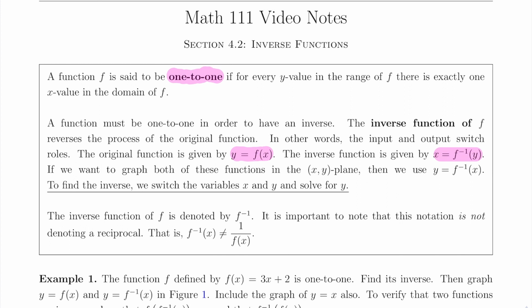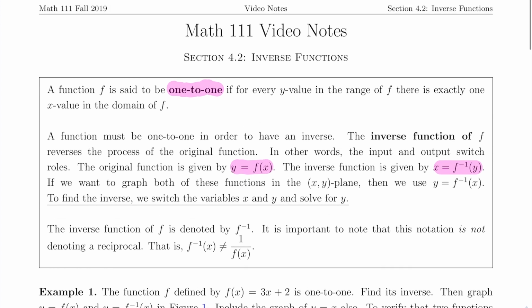However, if our variables are x and y, we are so used to graphing x on the horizontal axis and y on the vertical axis that we will actually switch our variables so that we can still graph y on the vertical axis and x on the horizontal axis.